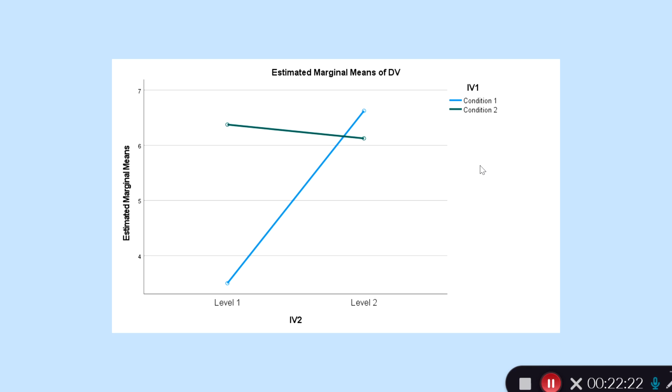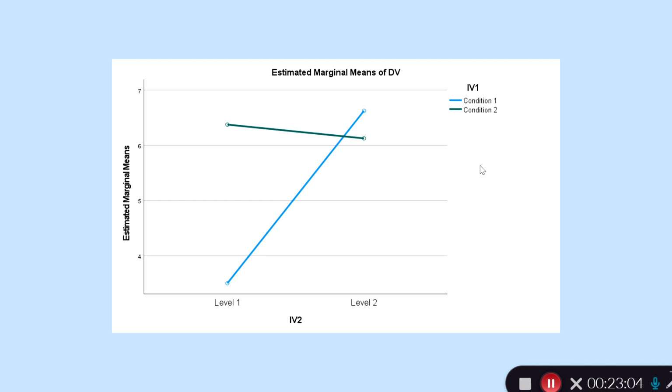So when a participant is in level 2 of IV2, then they score the same as, or potentially higher, if they're in condition 1 than if they're in condition 2. And this type of interaction, where the lines cross, where the visual depiction of it shows a different pattern of means depending on which of the groups is crossed with which other group, and if we draw the lines on it, shows them crossing, is called a disorderly interaction.